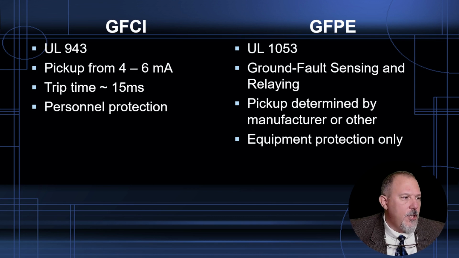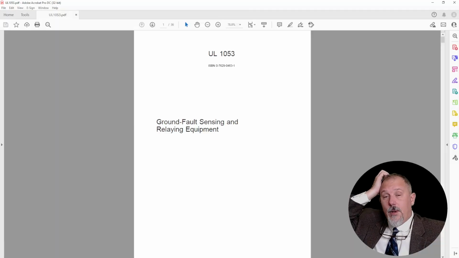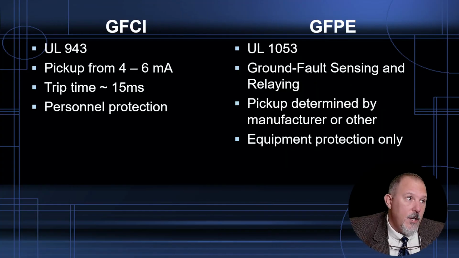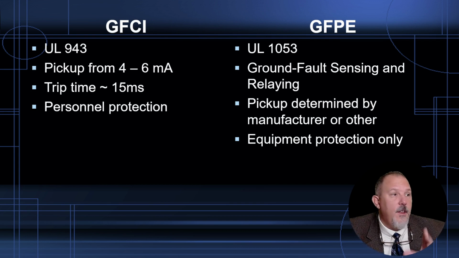I just downloaded 1741, and I want to make sure I have the title right for UL 1053. UL 1053 is ground fault sensing and relaying equipment. So this is the standard that will be used for ground fault protection of equipment. Now remember, ground fault protection of equipment is not there for personnel protection.